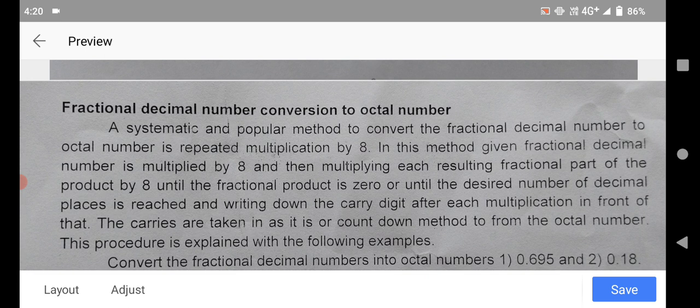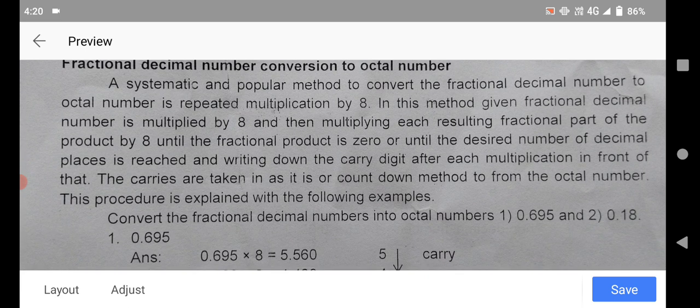In this method, the given fractional decimal number is multiplied by 8, and then each resulting fractional part of the product is multiplied by 8, until the fractional product is 0 or until the desired number of decimal places is reached, writing down the carry digit after each multiplication. That means for each and every multiplication, note down the carry.